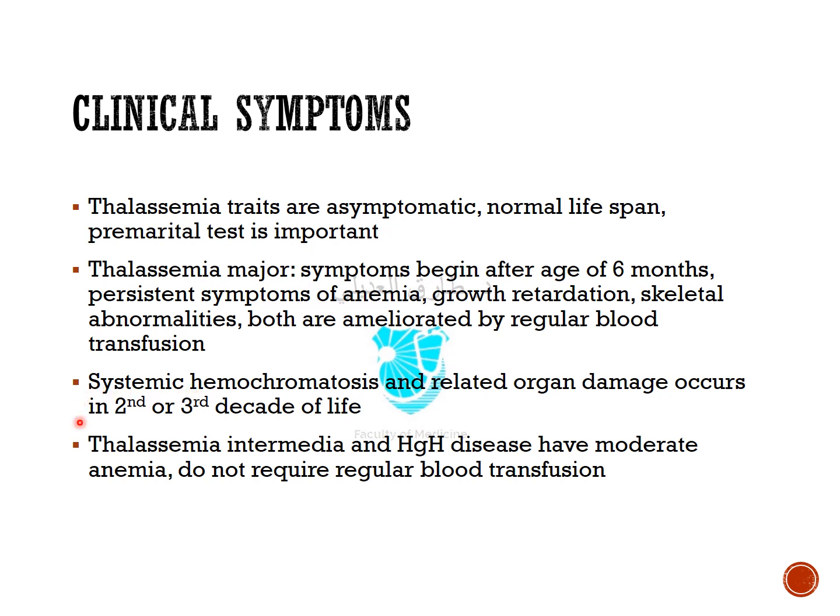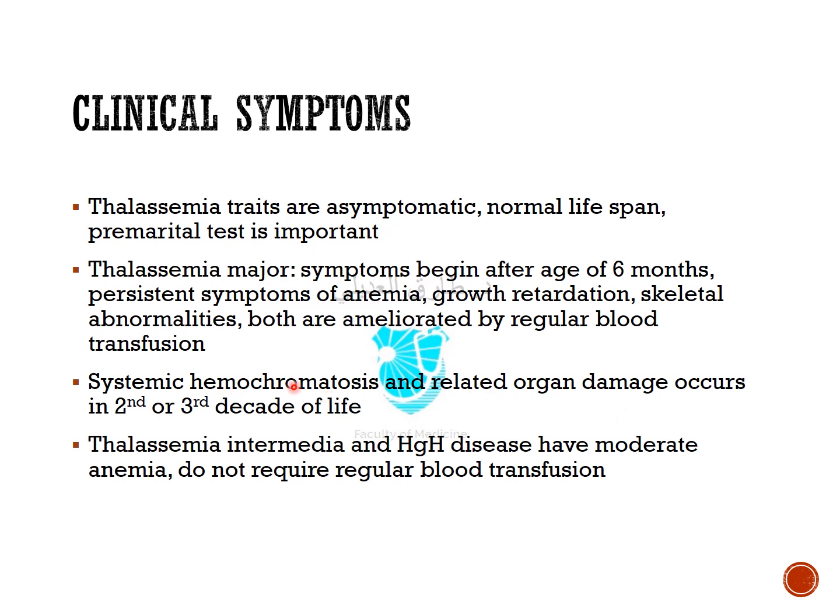Remember, we mentioned that a human cannot excrete iron. So if you take it in the body, you have to lose it in a physical way. So systemic hemochromatosis or secondary hemochromatosis can develop, usually in the second or third decade of life, and at that time the patient will die.